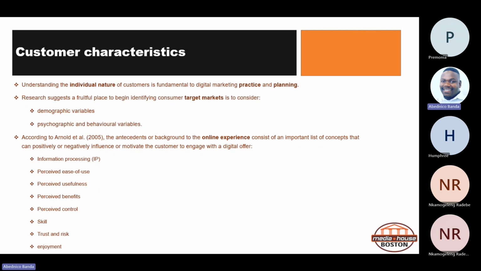Trust and risk. Do I trust this flight? Can I risk my life to get to Durban using this flight? Then the last one is enjoyment. Am I actually going to enjoy the flight, being in the skies? What is the experience going to be like? So these are the antecedents that you are involved with as customers, both offline and online. Of course, here we are talking about digital marketing, so it's online.